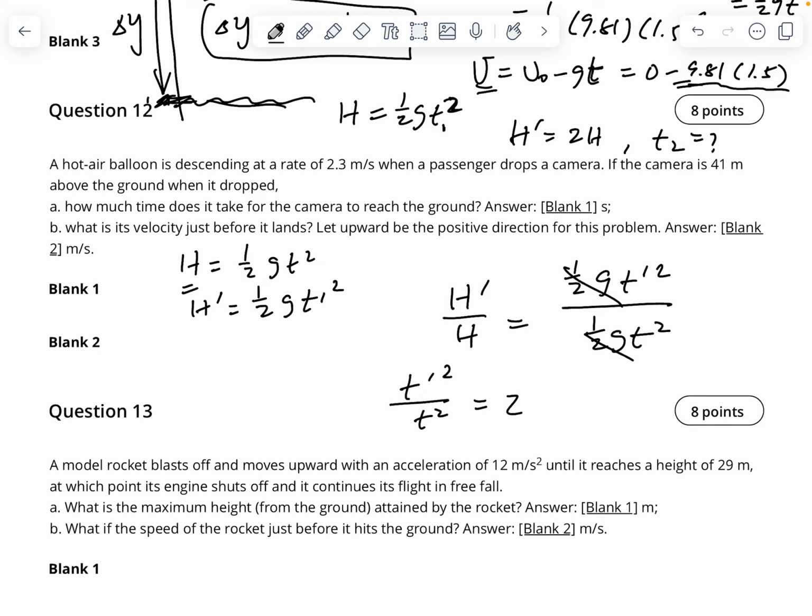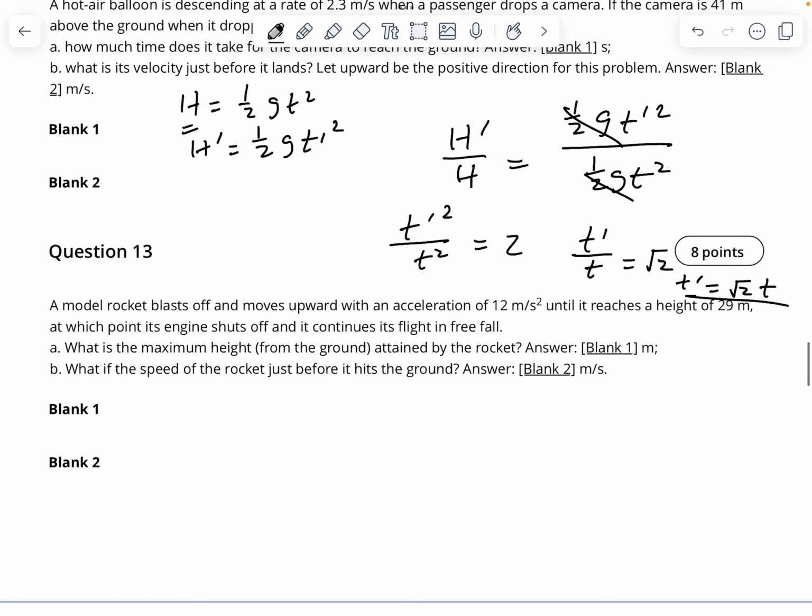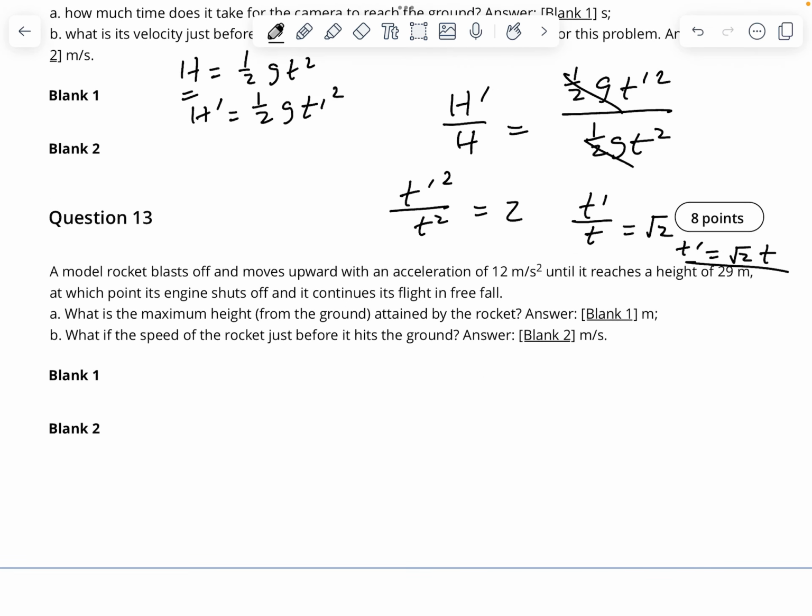Square root both sides, so t prime over t equal to square root of 2. So t prime equal to square root of 2 times t. That's the answer, and just time this out.